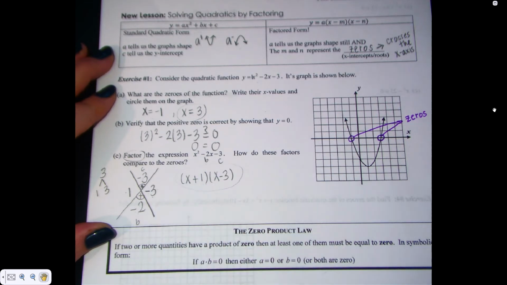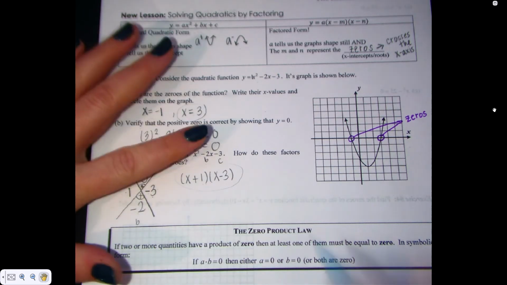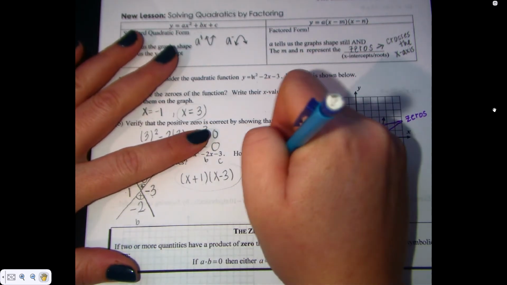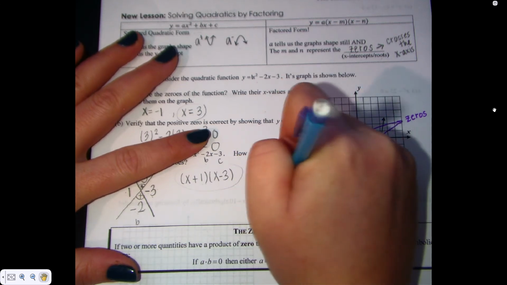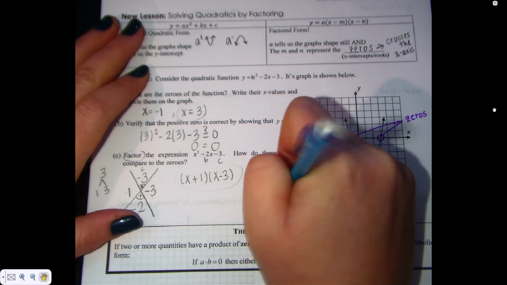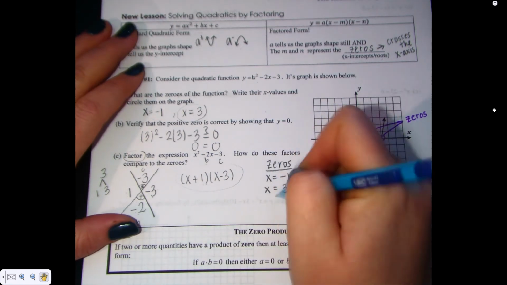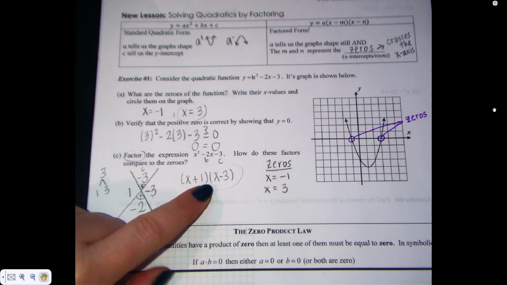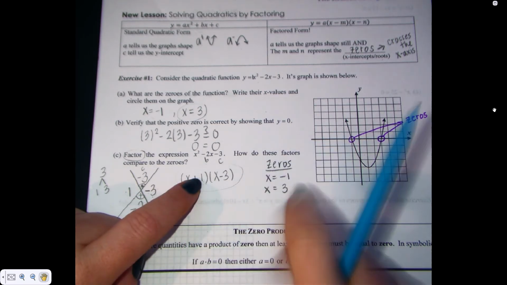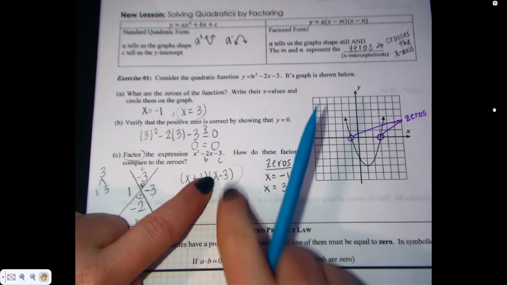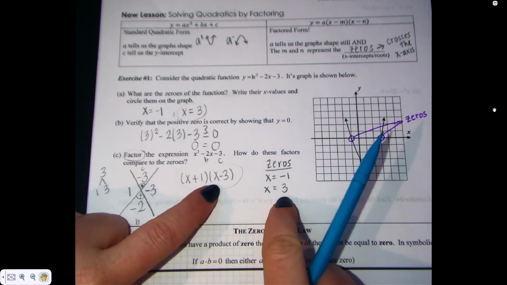This is going to help us more because, how do these factors compare to the zeros? Well, remember what my zeros were. I had x equals -1 and x equals 3. How do they compare with these? In this set of parentheses, I have x plus 1, but this says -1. And then here I have x minus 3, but this is +3.